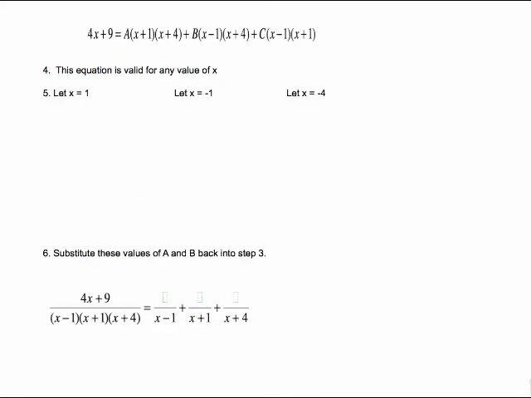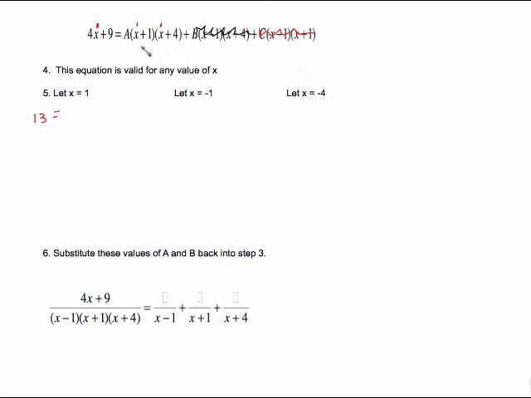So over on this page, I've got it written a little more neatly. So this equation is valid for any value of x. I'd like to let x equal 1, and the reason I would like to let x equal 1 is because if I put 1 here, all of this is going to go away, and if I put 1 here, all of this is going to go away. So I have to put 1 in here, and 1 in here, and here. So 4 times 1 is 4, plus 9 is 13.